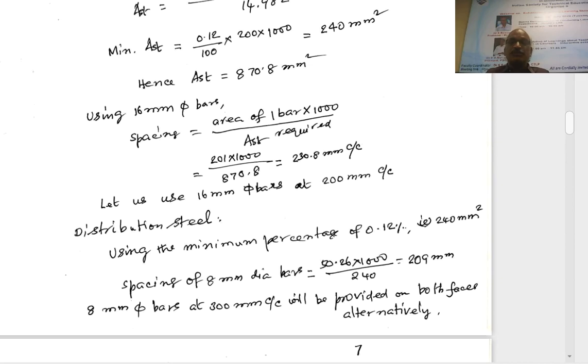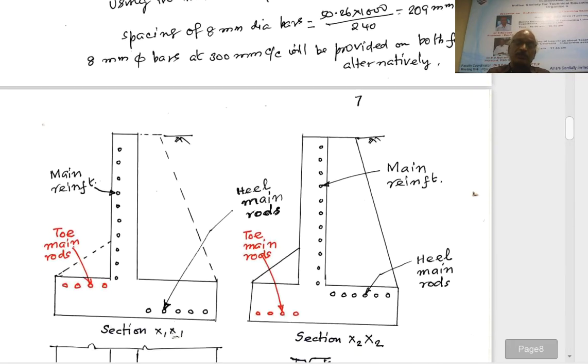When we provide on both faces, 0 right hand side means 150 left hand side, 300 right hand side, 450 left hand side, like that. Therefore, on each face it is 300 mm center to center, but practically it is available at 150 mm center to center. So that's about the distribution steel for the main reinforcement.